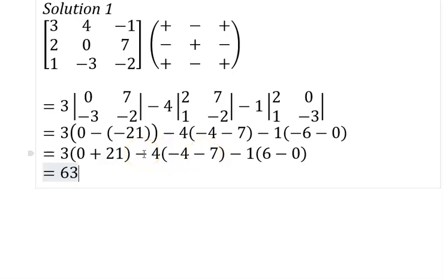And we have here, because minus times minus will definitely give us what? Plus. 4 times 11 will give us what? 44. Awesome. Then we come here. 6 minus 0 will give us what? 6. 6 times -1 will give us what? -6.